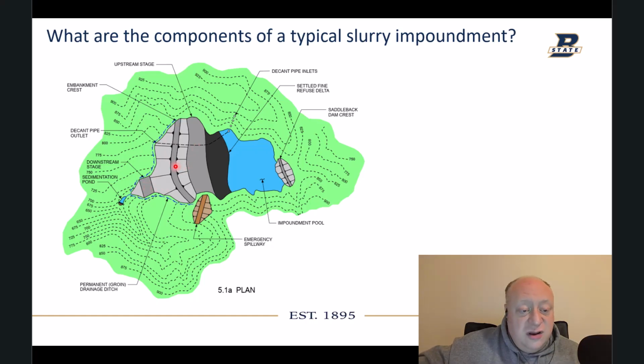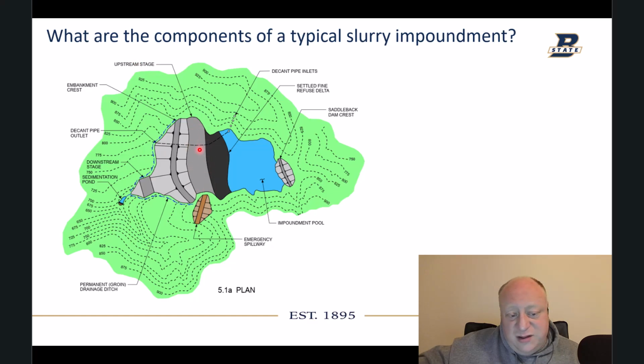So diversion ditches here, sometimes a center drain. You have the downstream stage of the dam. So if you're working on extending downstream, you'll be working down here adding coarse refuse material. And if you're working upstream, you'll be working up here.